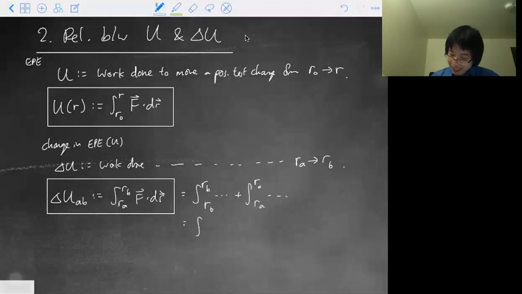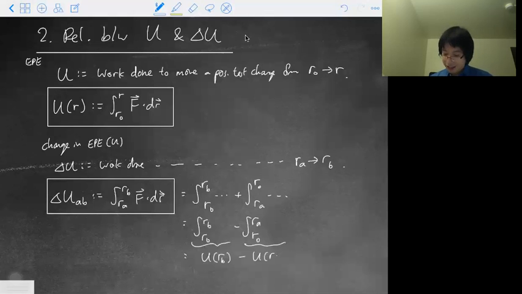Now, this one is basically U of RB. If you look at the first boxed equation on the top of this page, it's exactly this, and this is exactly this. So it's clearly a difference. I can abbreviate it as UB minus UA, like before you can also abbreviate that as VB minus VA.